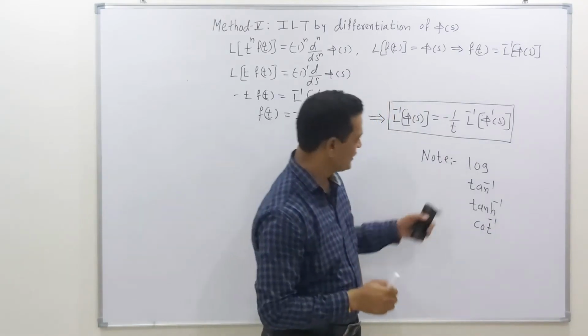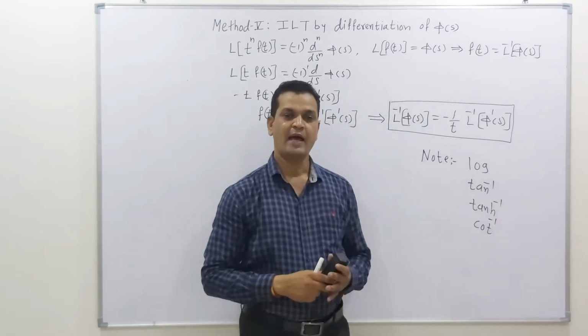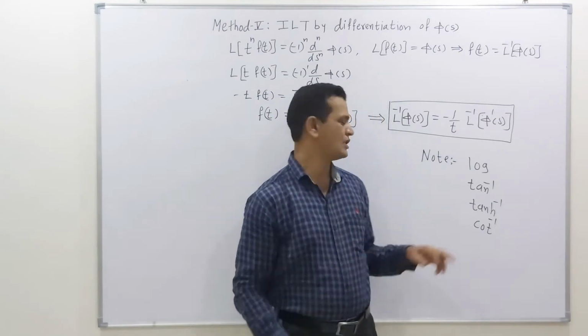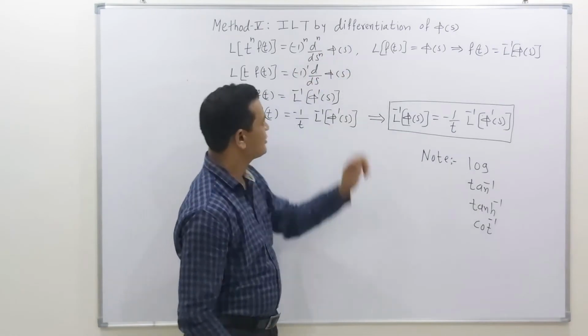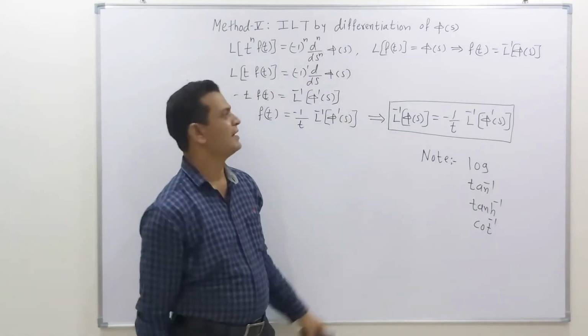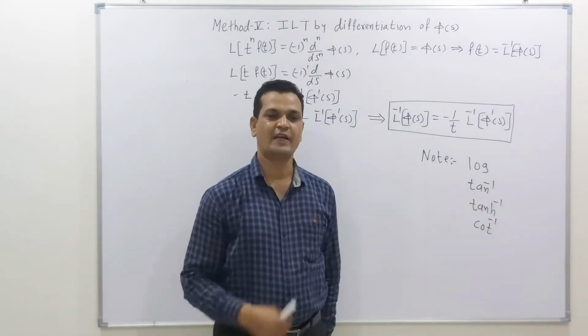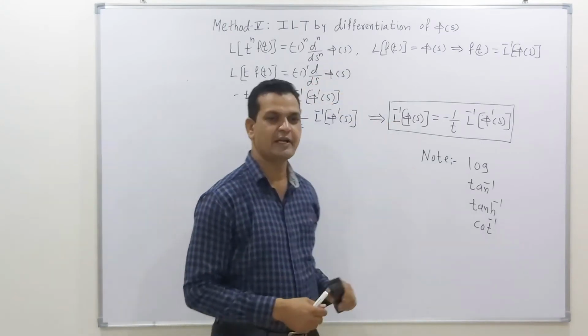Whenever such a term is available, to find the inverse Laplace transformation of such a function, we use the concept called inverse Laplace transformation by differentiation of phi of s. So this is the theory part related to it.